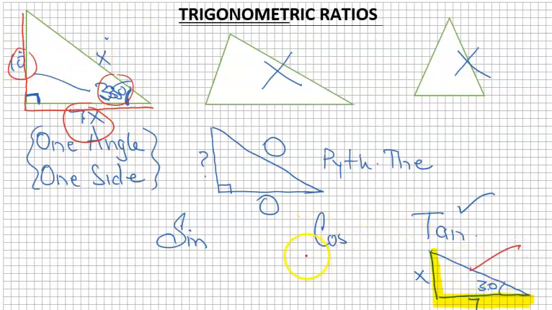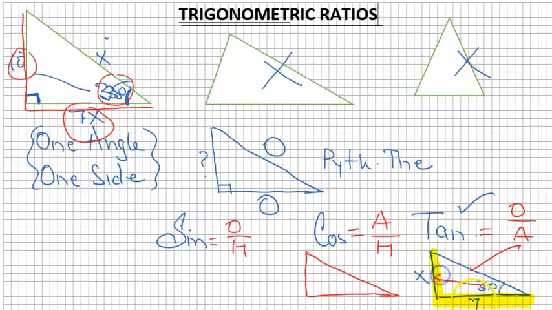Now cos. How to identify if you are going to use cos or not? The formula is there. Sine is opposite over hypotenuse, cos is adjacent over hypotenuse, and tan is opposite over adjacent.